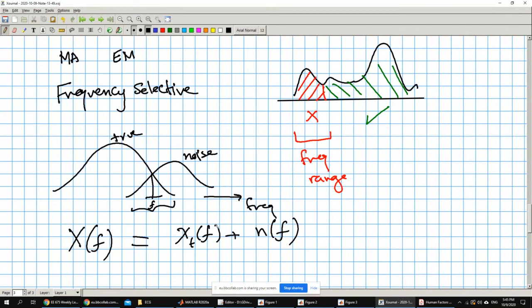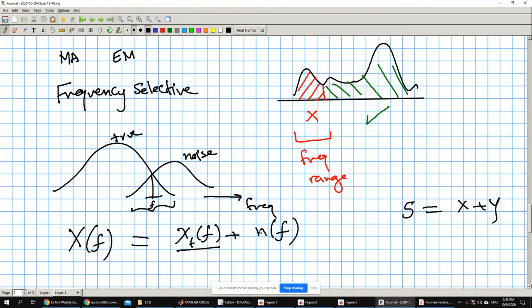If you try to filter the true signal from the noise signal, it's as if you're trying to solve a problem of 5 is equal to x plus y. You have one equation in two unknowns. You cannot estimate a unique solution for x true here. It's impossible.